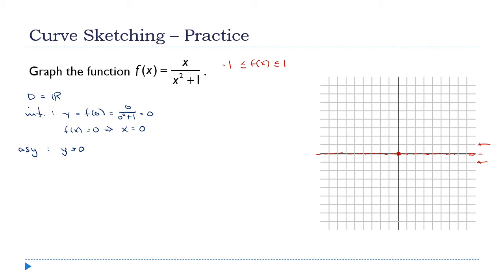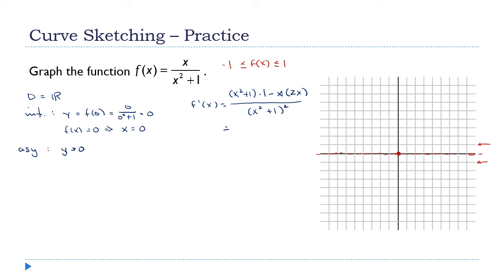Okay, now let's do the calculus bit. Let's get the derivative. f prime of x equals the bottom, x squared plus 1, times the derivative of the top, that's 1, minus the top times the derivative of the bottom, that's 2x, over (x squared plus 1) squared.